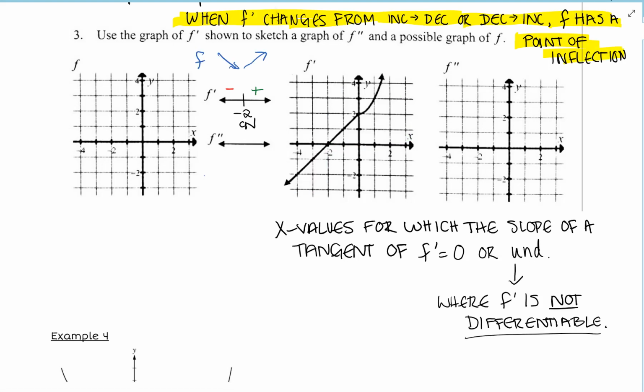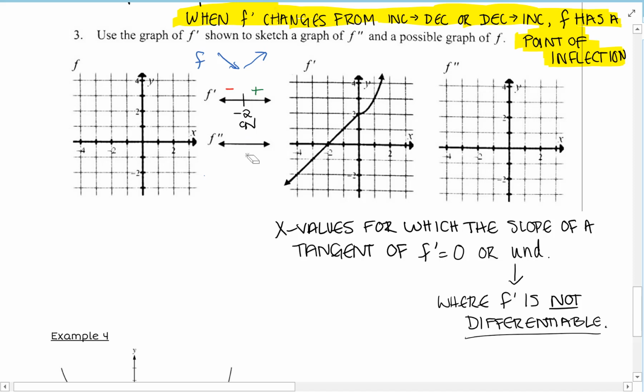To complete the f double prime number line, there are some important pieces of information. When f prime changes from increasing to decreasing or decreasing to increasing, f has a point of inflection. So those numbers would need to be noted on the f double prime number line.